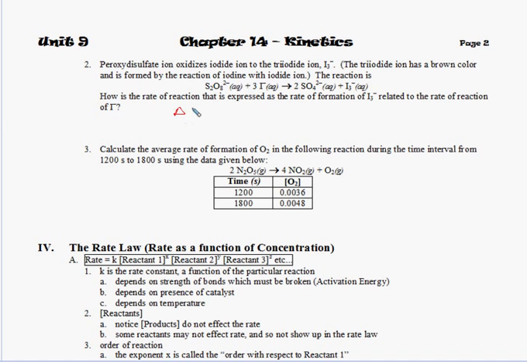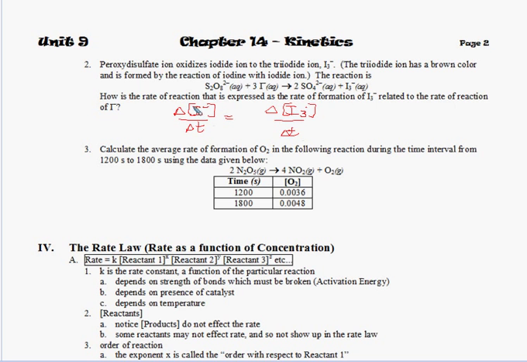So we're looking for the rate, so that would be change in I- compared to the change in time. And then you want to compare it with the change in I3- and the change in time.